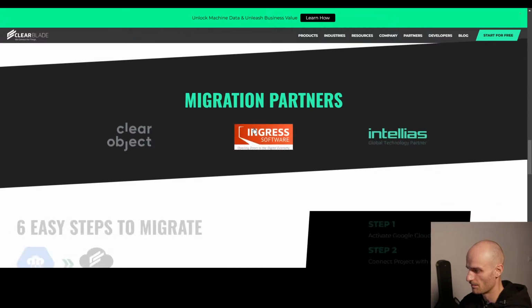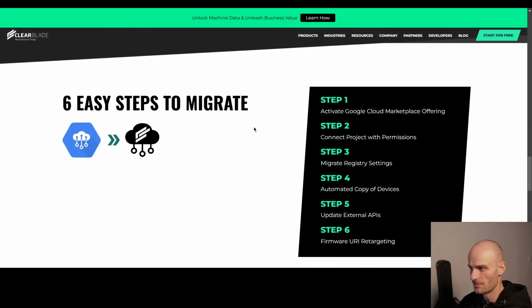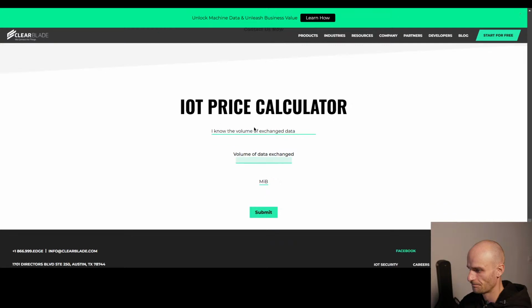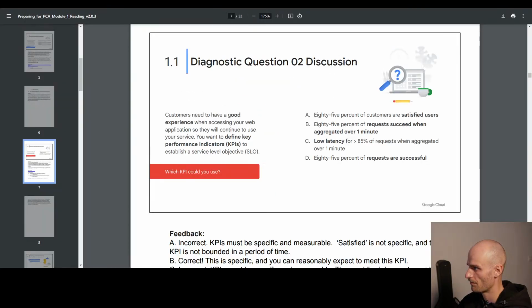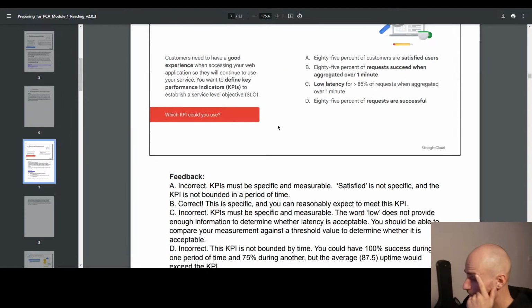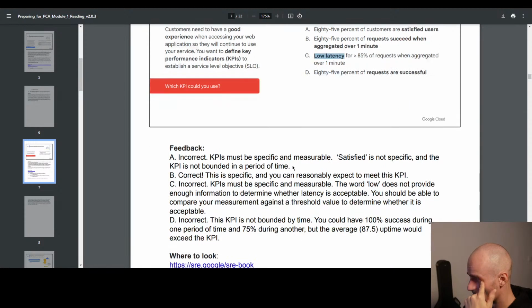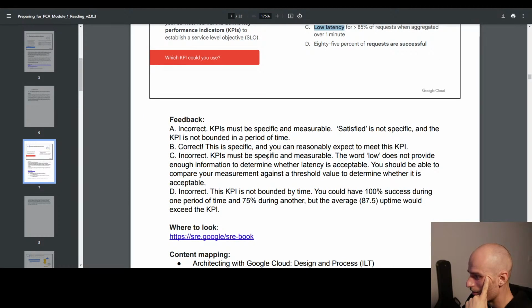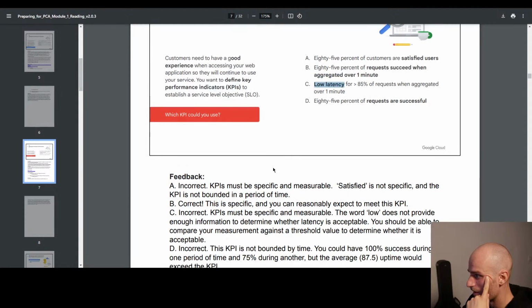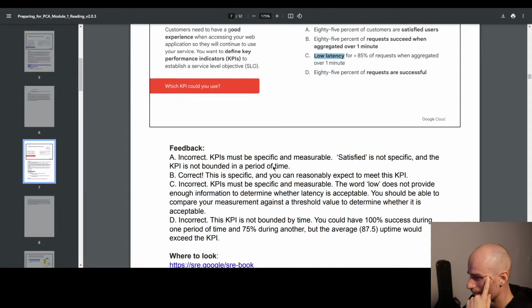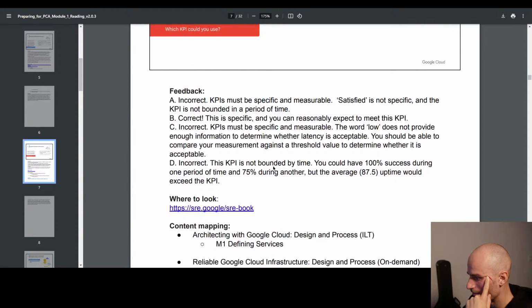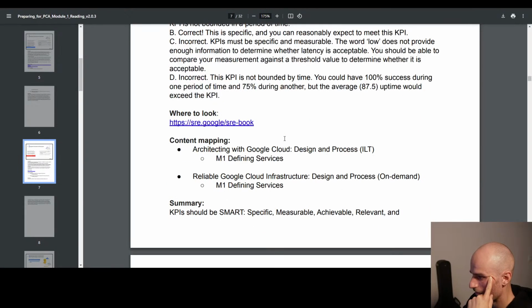Nice, interesting solution. I imagine this is a company backed by Google. Interesting. Yeah, so the KPI must be measurable. I will remember this. Low latency doesn't mean anything measurable. You can reasonably expect to meet this KPI. Okay.